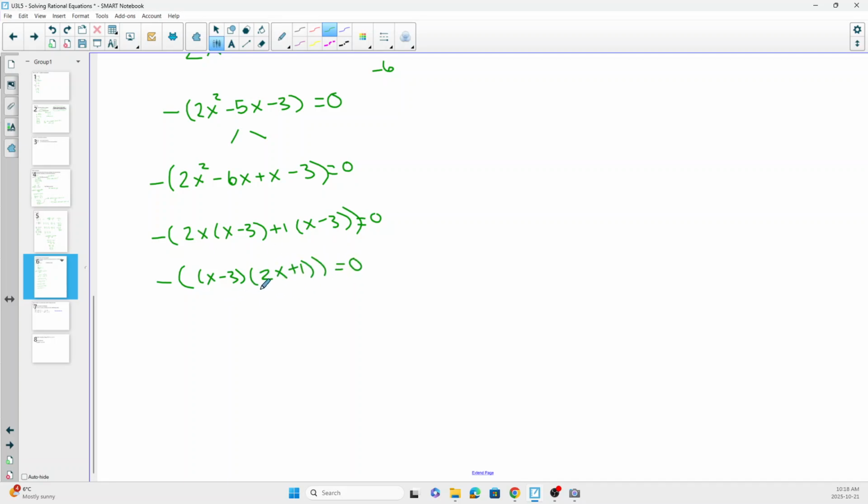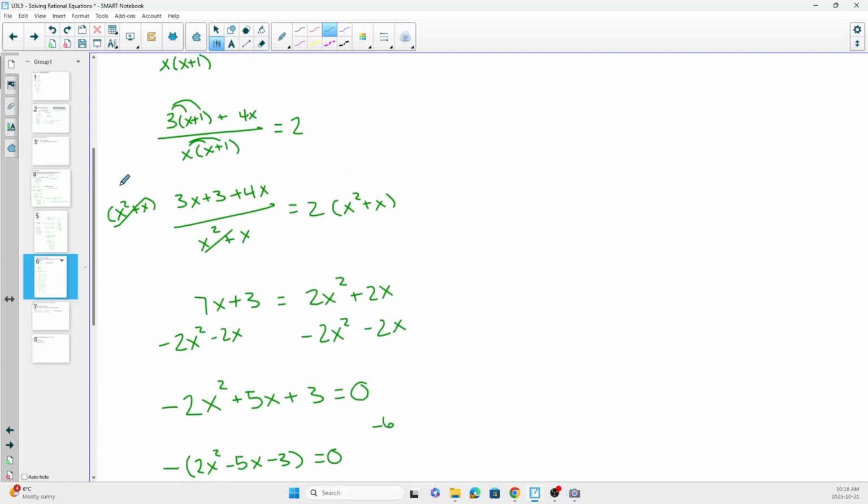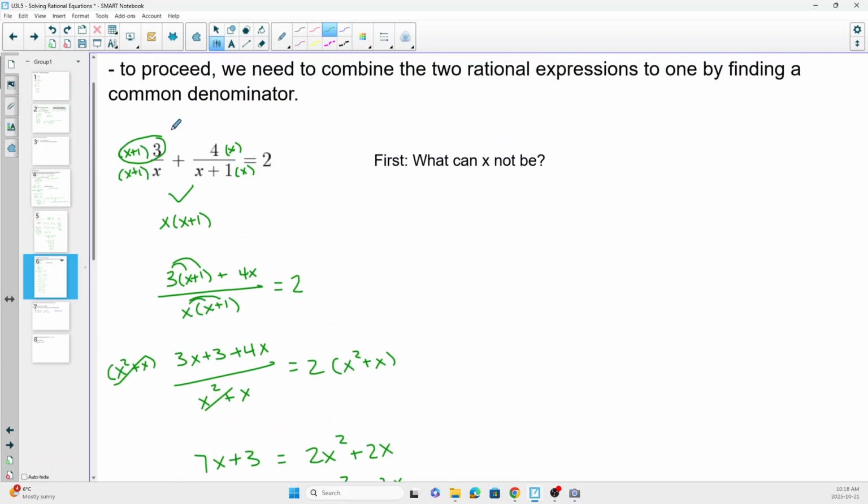And that means our solutions are x is equal to positive 3 and x is equal to negative 1/2. Okay, we have two solutions. And to remind you what those mean, that is when this function plus this function is equal to 2.